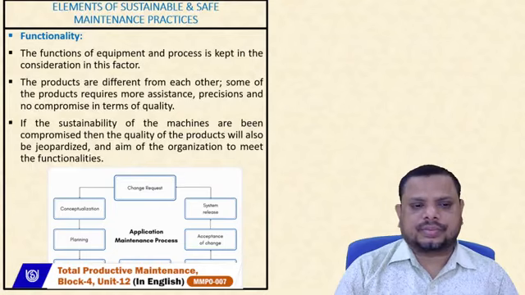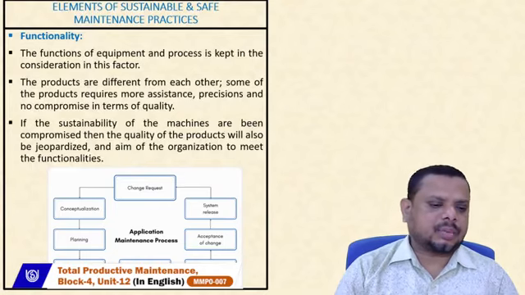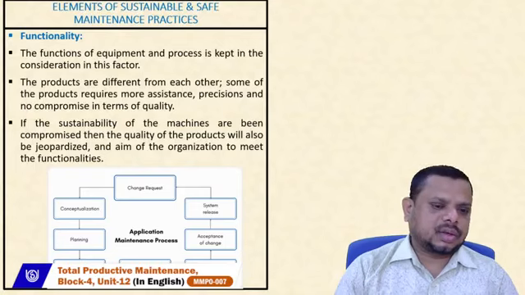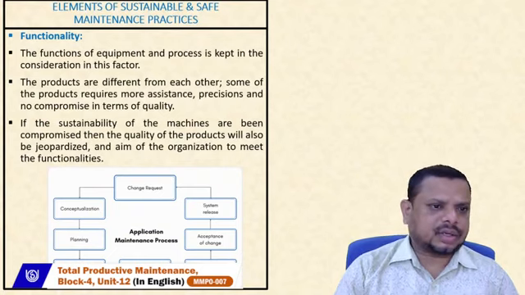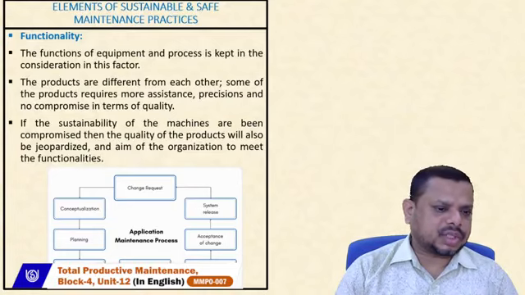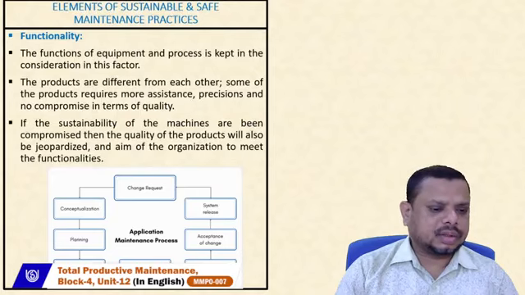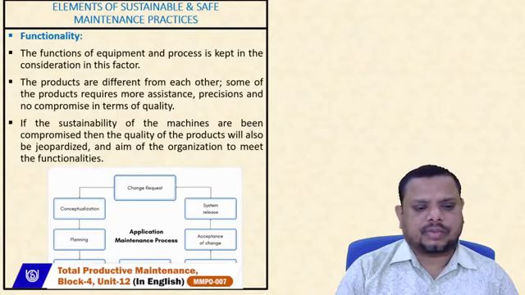So for this functionality, you have to understand the application of the maintenance process. How will this application of the maintenance process be started? The first important part is change requests in the case of machine functions, machine equipment, or machine processes. Here we focus on conceptualization, then conduct the planning, then provide the requirements for full functionalities, then implementation, which means functionality specialization will be done.